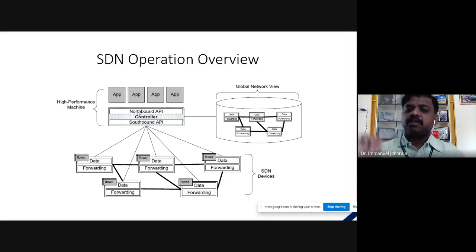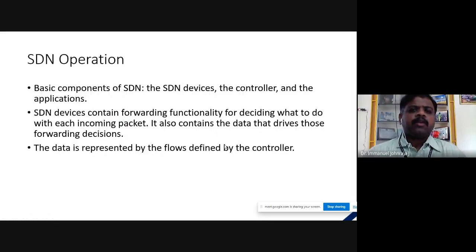It controls the operation of the entire network, removing all these operations from the devices and holding them within its single controller, which is ably supported by routing information that has the global view of the network. All right, moving on. What are the basic components?